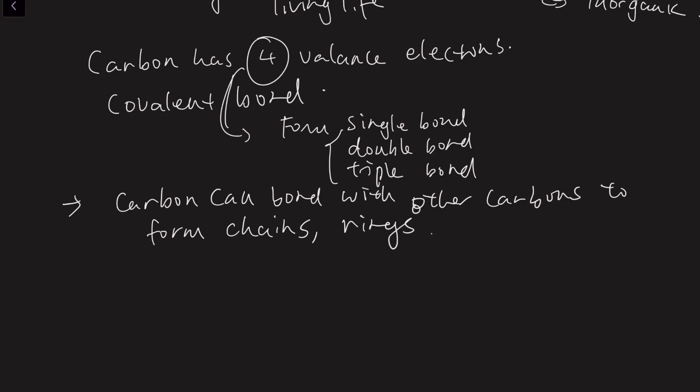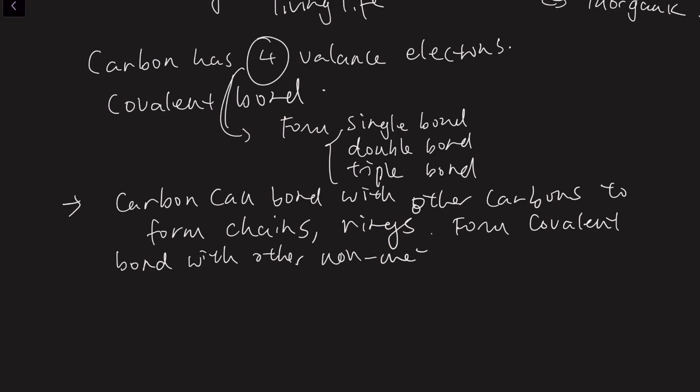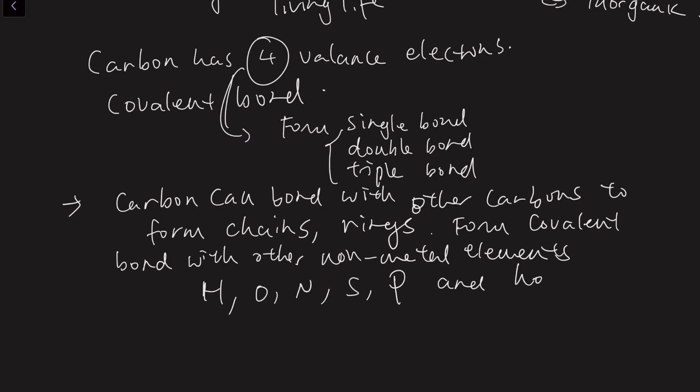And it can also form covalent bonds, not with carbon, but with other non-metal elements as well. Some of the examples include hydrogen, oxygen, nitrogen, sulfur, phosphorus, and also a class of elements called halogens.